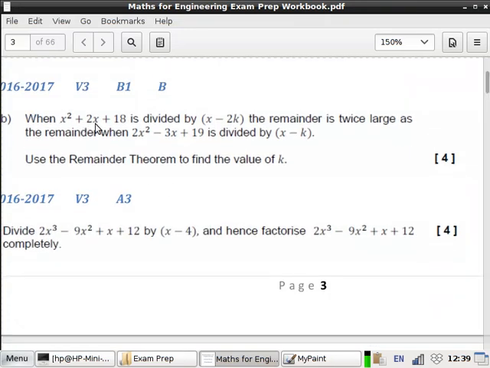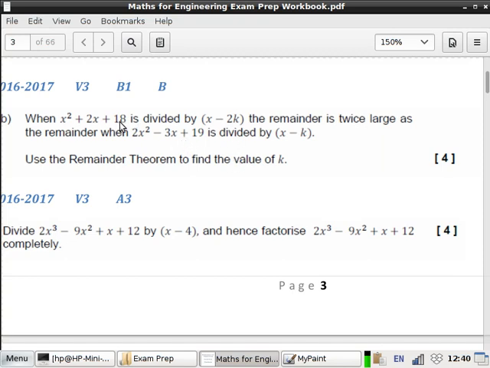When x squared plus 2x plus 18 is divided by x minus 2k, the remainder is twice as big as when this one is divided by x minus k. So what they're saying is the remainder here is equal to 2 times the remainder here.